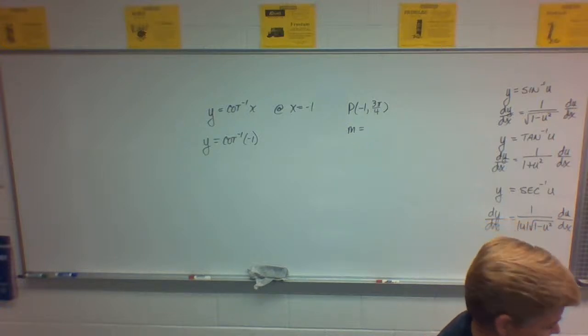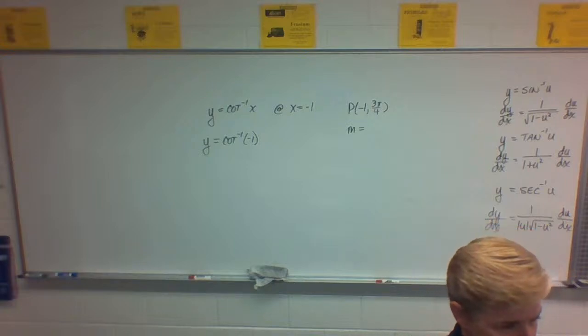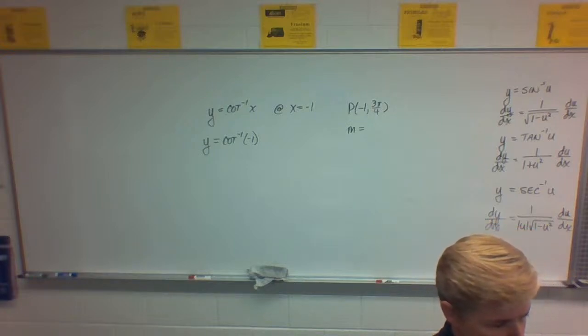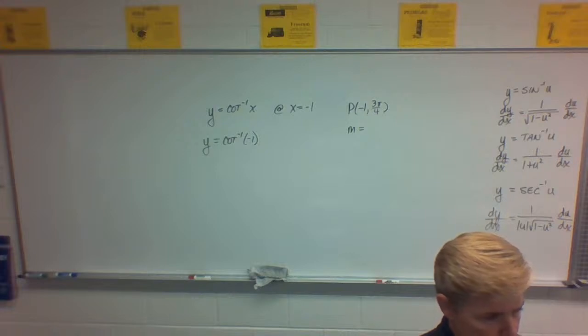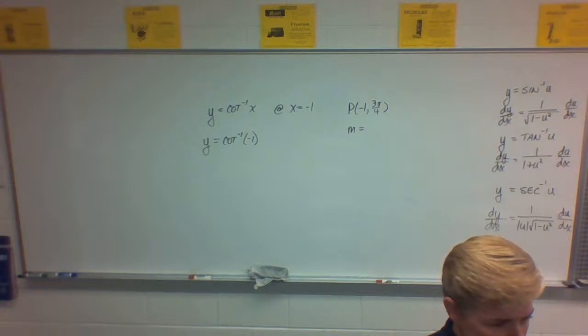You divided by pi, so you have to put it back in by multiplying by pi. That's what you get. Do you want me to show you a little better, or do you understand that?